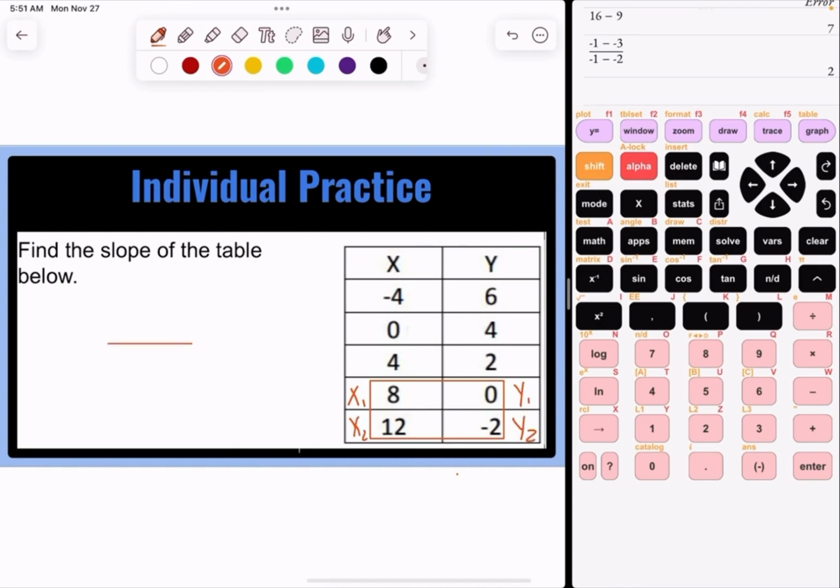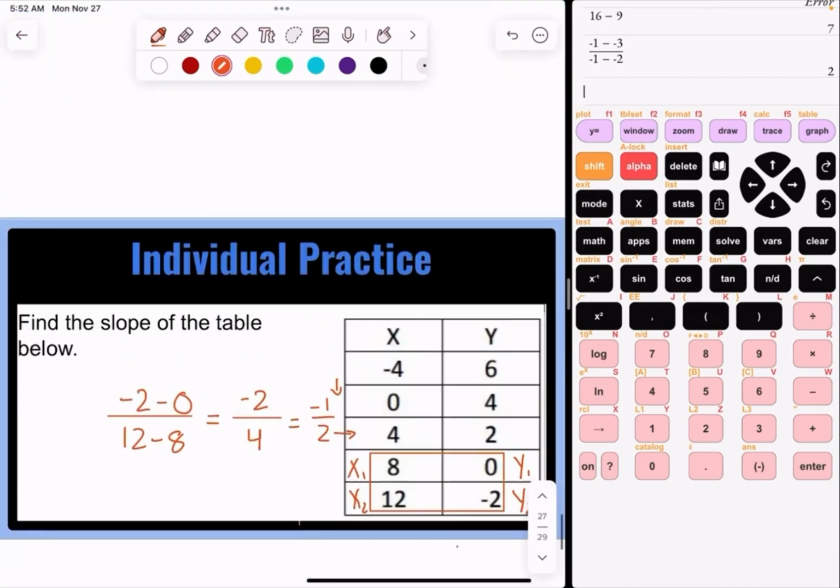Alright, the formula is y2, which is -2, minus y1, which is 0, then x2, which is 12, minus x1, which is 8. -2 minus 0 is -2. 12 minus 8 is 4. And this would simplify to -1 over 2. -1 is our rising, meaning that we would go down 1. 2 is our running, which means we would go to the right 2. Good.